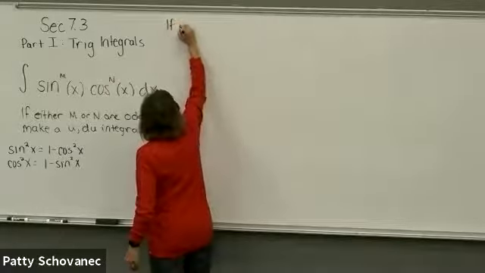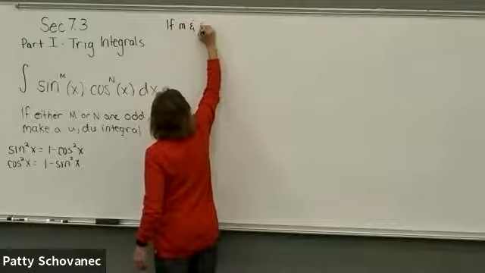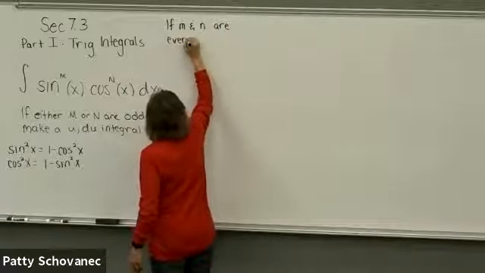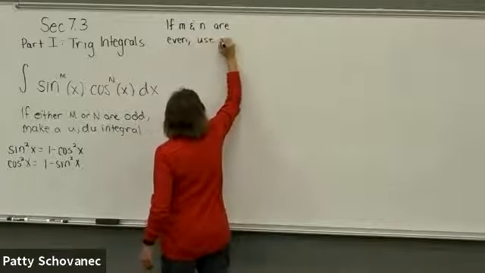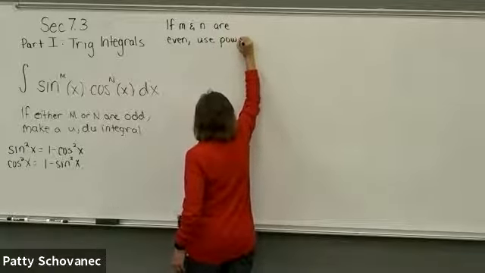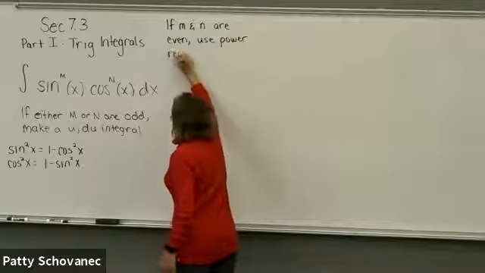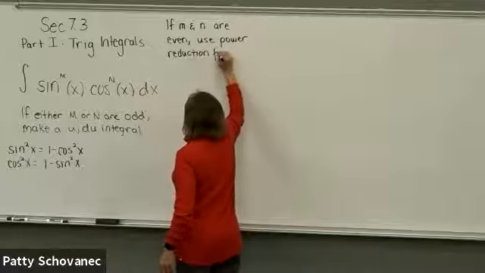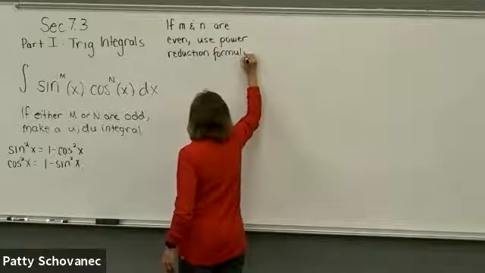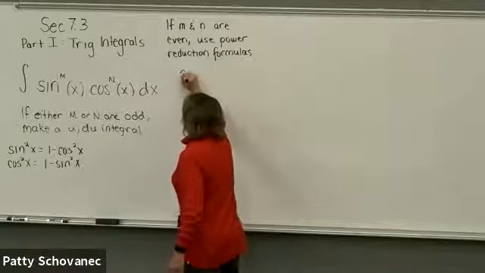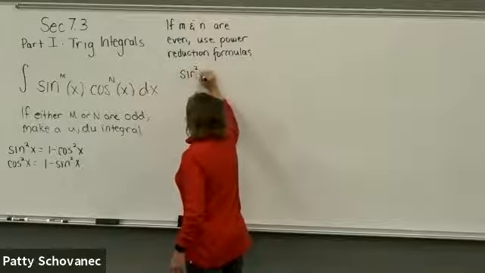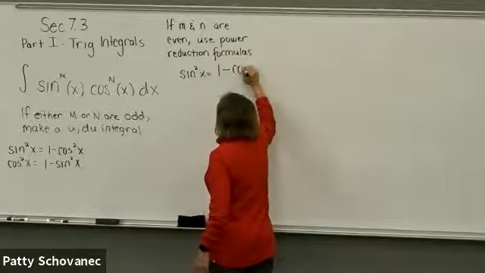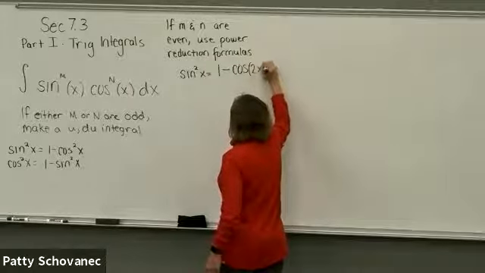If both m and n are even, then you use the power reduction formulas. That sine squared of x is 1 minus the cosine of 2x over 2.